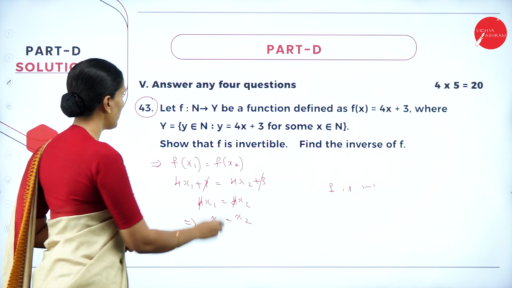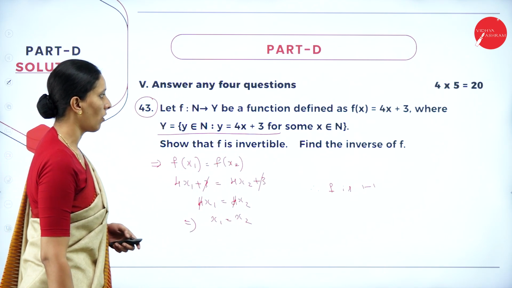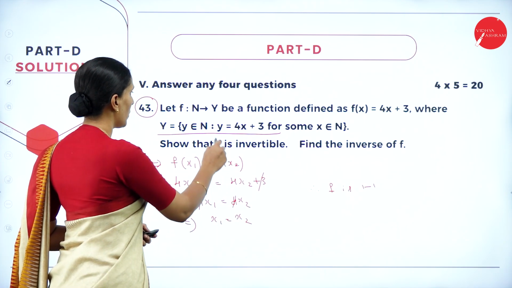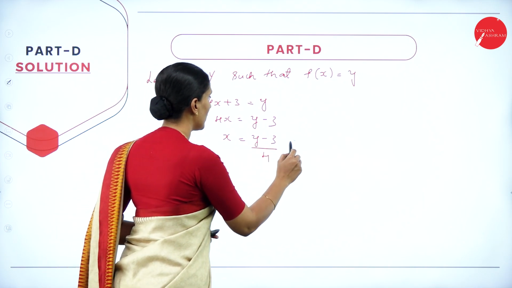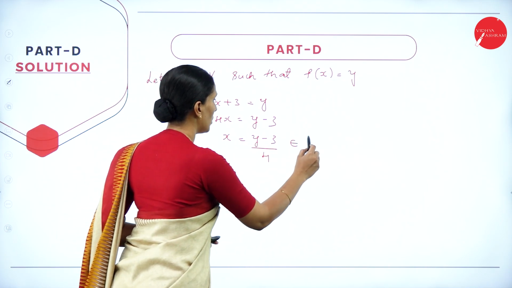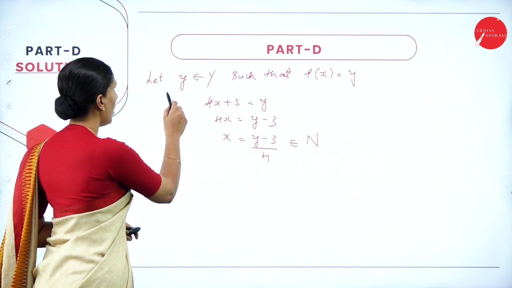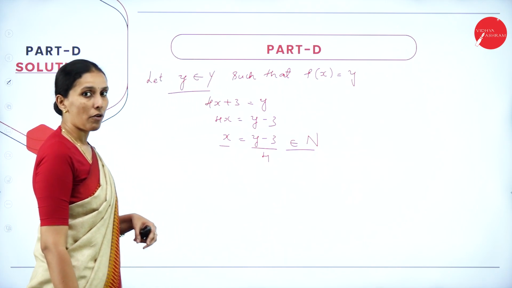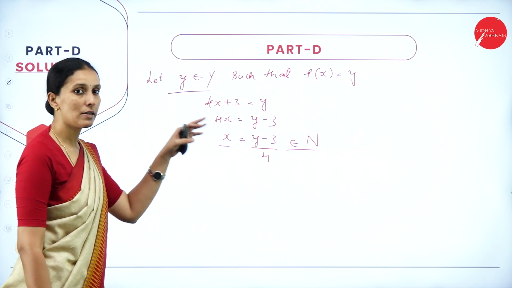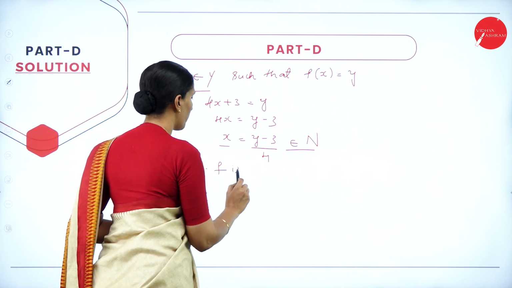So clearly from the given set, the condition of y is equal to 4x plus 3 for all x belongs to N. So here y is equal to 4x plus 3 if we take. So this set completely belongs to the domain N of natural numbers, that is x belongs to N. For all y belongs to Y, we are getting x belongs to N. That means for each and every y, there is a pre-image in the domain. So therefore clearly f is onto.